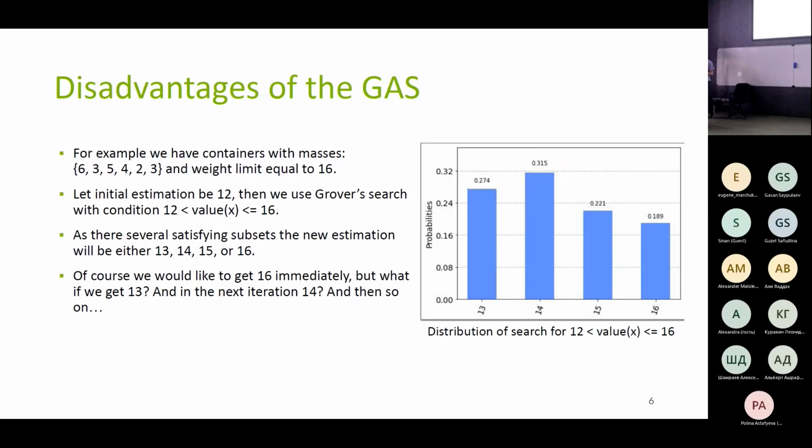If they are distributed uniformly, then when you sample a solution with the Grover algorithm from a given constraint, you will sample them uniformly, meaning you will choose one of those with the same probability. It can be non-uniform, meaning there's one solution with 13, two solutions with 14, and 100 with 15. Then you will most probably sample 15.